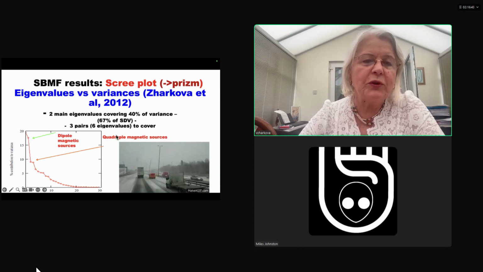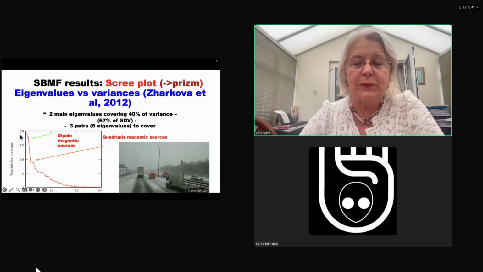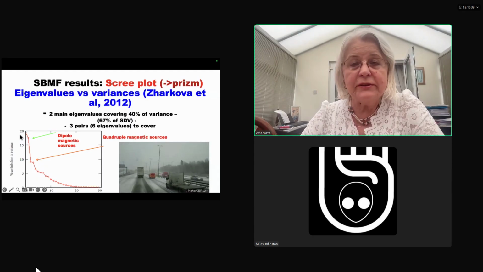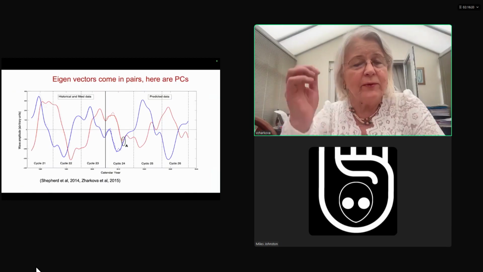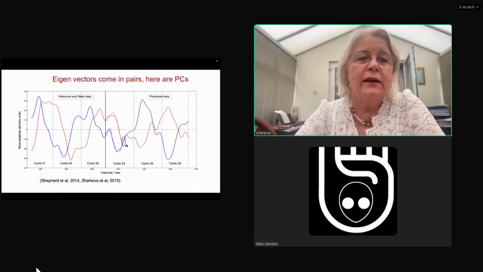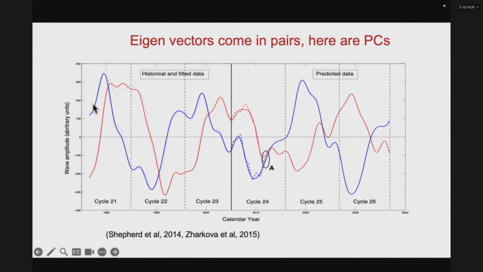What we come to from this is that the Sun actually runs not a single dynamo wave on the magnetic field, but two dynamo waves. These are the waves which we detected, the blue and the red one, produced by the northern and southern magnetic poles.